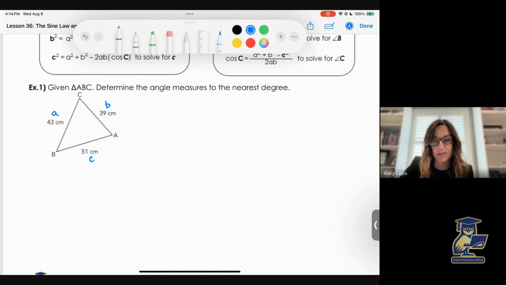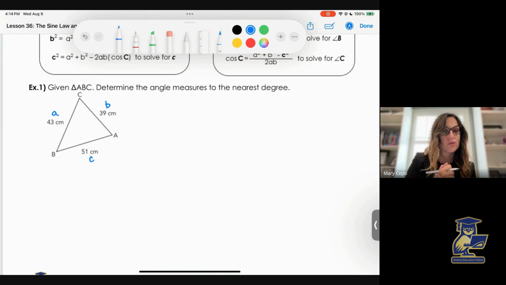So the rule of thumb is if you're given all three sides or two sides and the contained angle, you use the cosine law. If you don't have that, automatically you're using the sine law. That's probably the easiest way to remember which law to use. So you're given all three sides or the two sides and the angle that those two sides make, then you know you're using the cosine law. Otherwise, you're using the sine law.